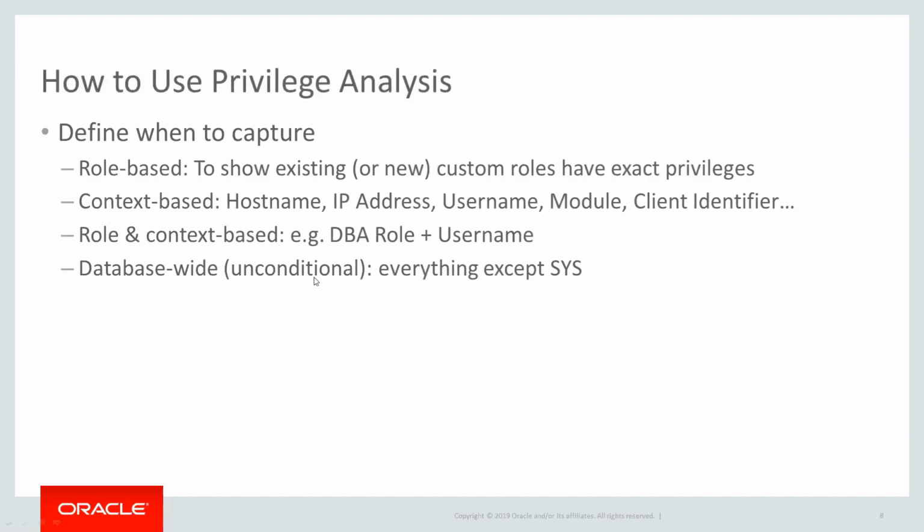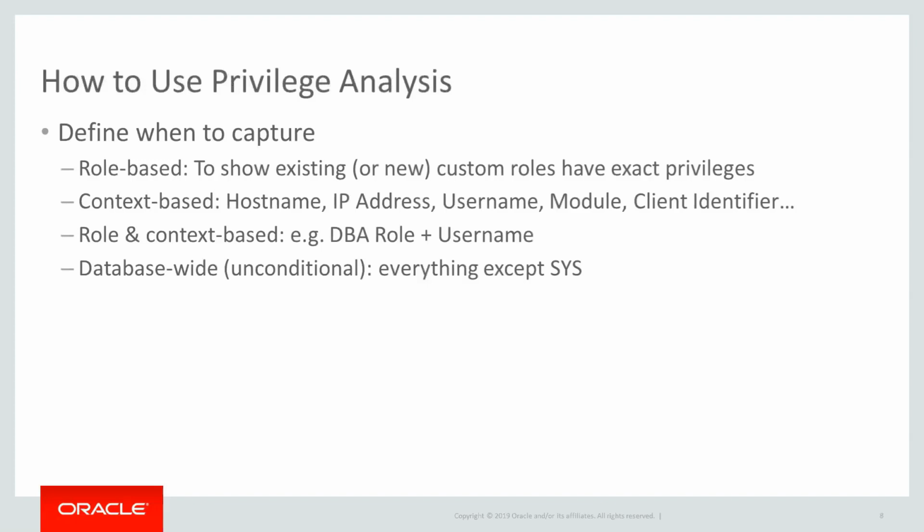In our demonstration, we're going to do the last 2. We're going to do a role and context-based. We're going to look at a role and then our application owner username and look at how many privileges are there. Or we could do a database-wide unconditional. An unconditional privilege analysis capture is going to get everything except SYS. And we often get, well, why not SYS?